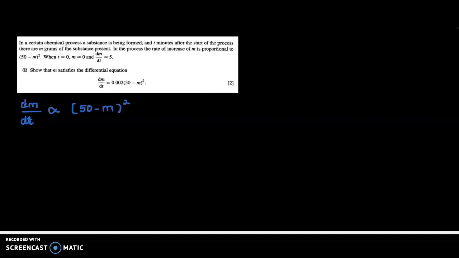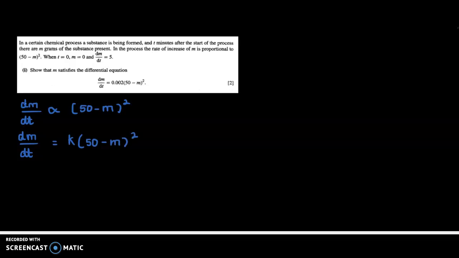And in order to remove the proportionality sign, we need to have a constant of proportionality, and we let that constant of proportionality be k. So dm/dt is equal to k(50 - m)².